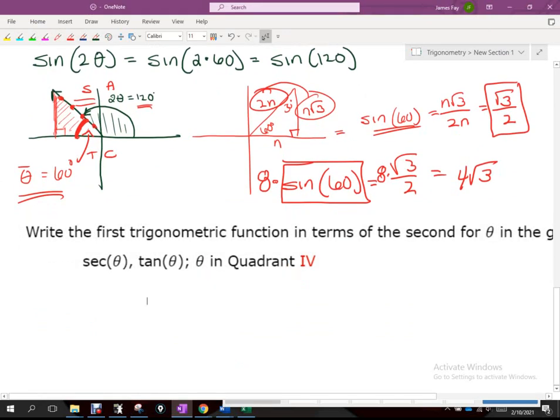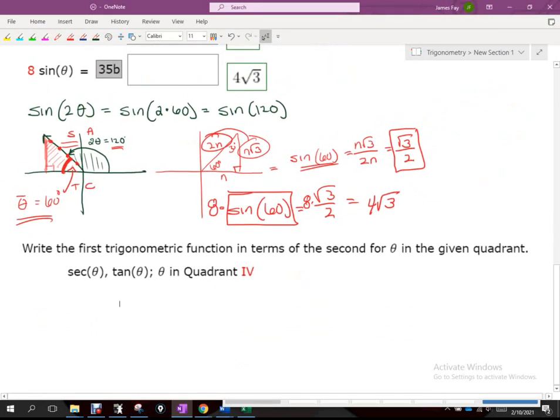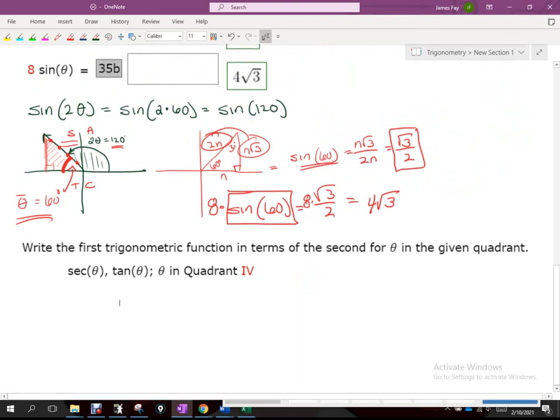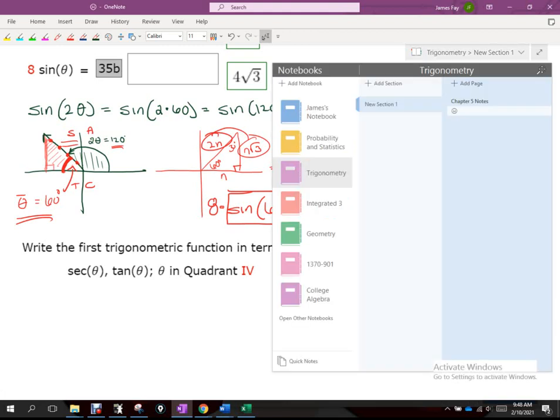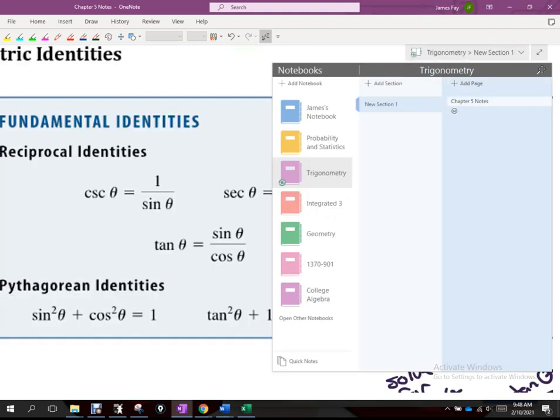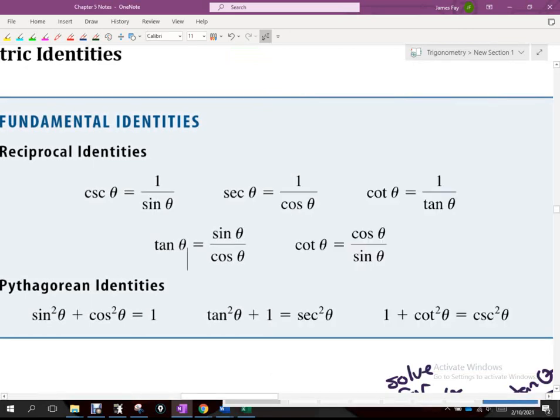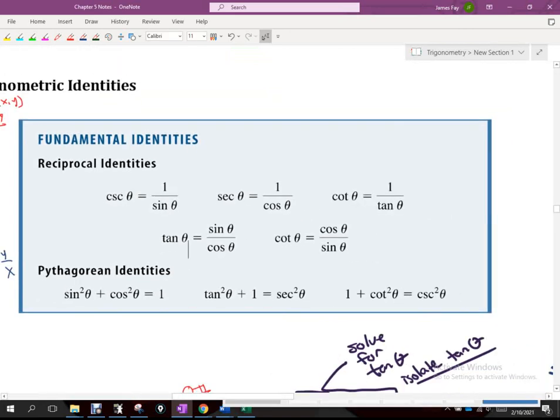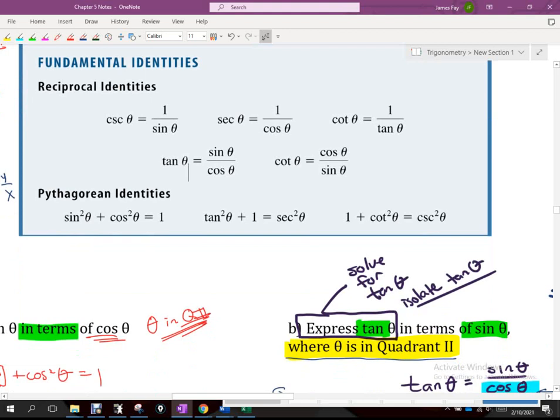All right, so it says write the first trig function in terms of the second one. We got secant in terms of tangent. Going back to, I think this was going to be a little bit easier than the first one we did. Are there any in here that relate secant and tangent directly?